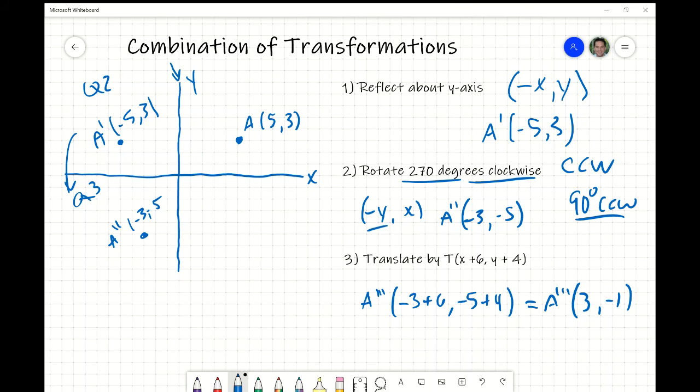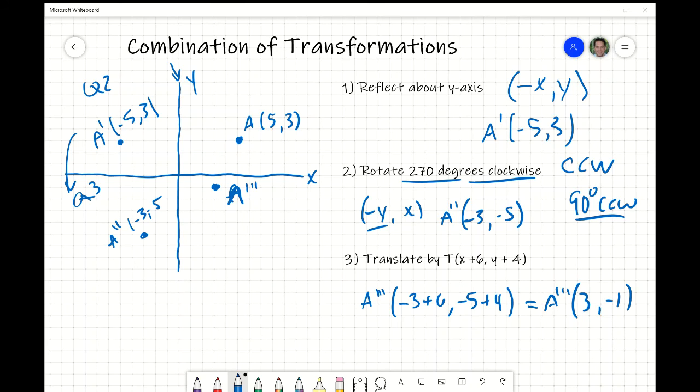Do a quick little check. -3 plus 6 is 3, and -5 plus 4 is -1. All right, so let's go. So 3, -1 right there. So that is A triple prime.